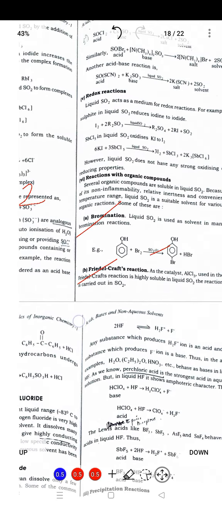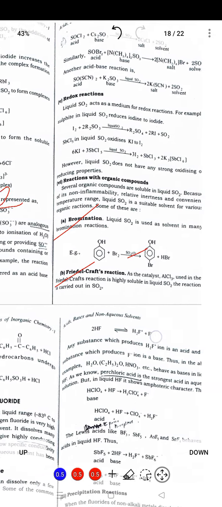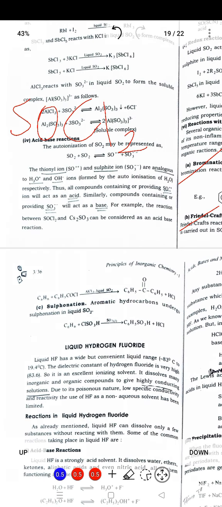Then the Friedel-Crafts reaction, which you have already learned. Aluminium chloride is used in the Friedel-Crafts reaction and is highly soluble in liquid sulfur dioxide, and the reaction is carried out as shown. Here we are taking benzene, along with which we have taken another compound. Which is that compound?